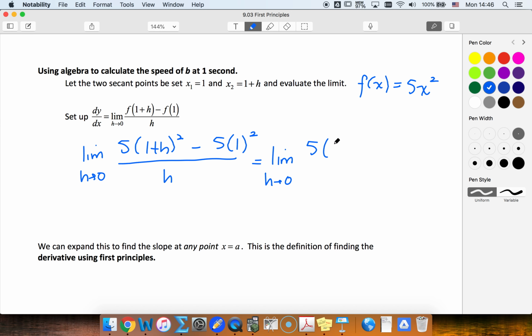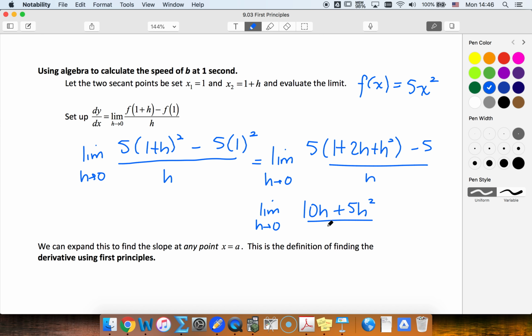Now 5 times 1 plus 2h plus h squared minus 5 all over h. That's going to give me 10h plus 5h squared. The 5s are going to cancel. So limit as h goes to 0 of 10h plus 5h squared over h.